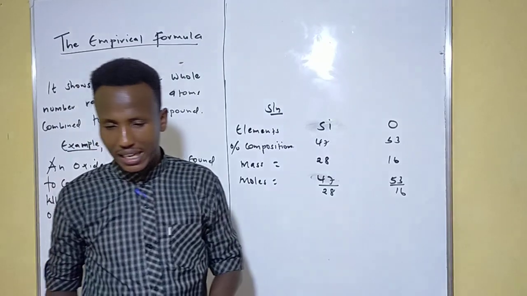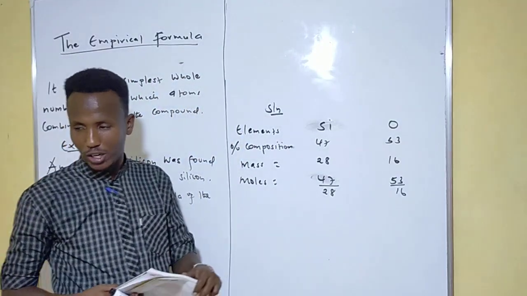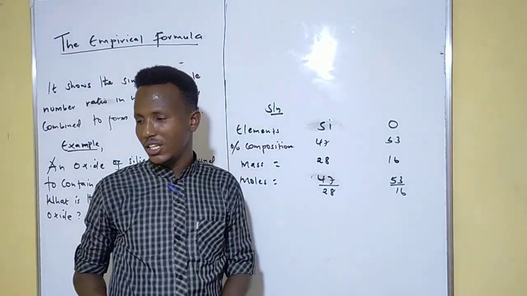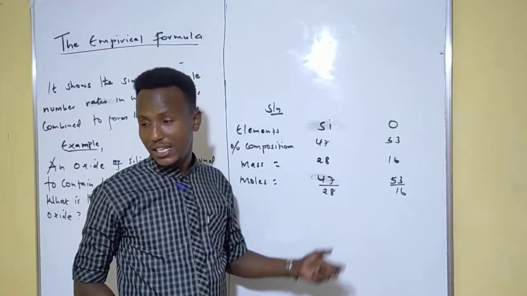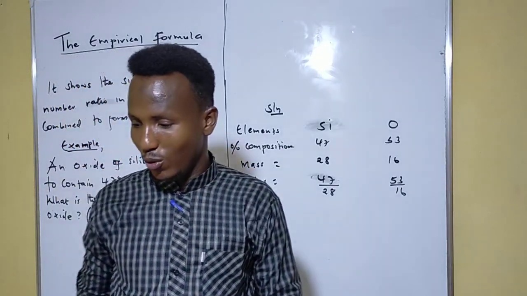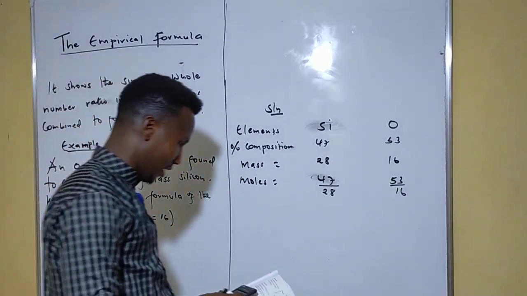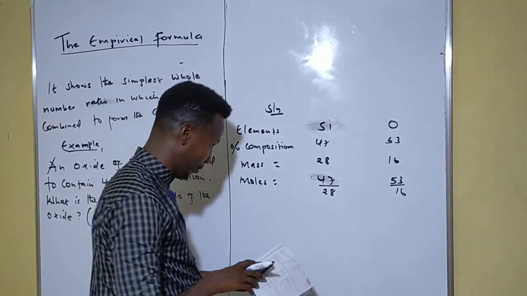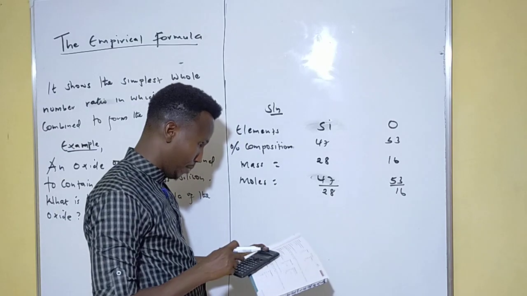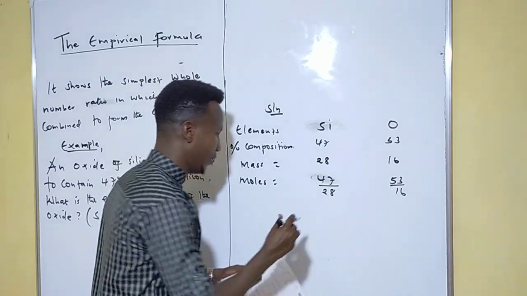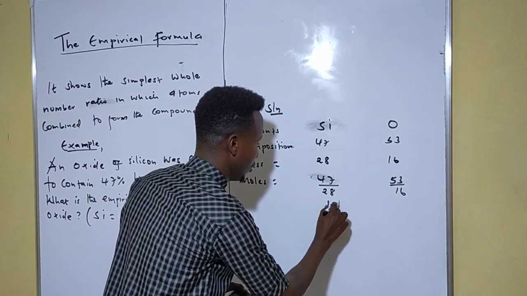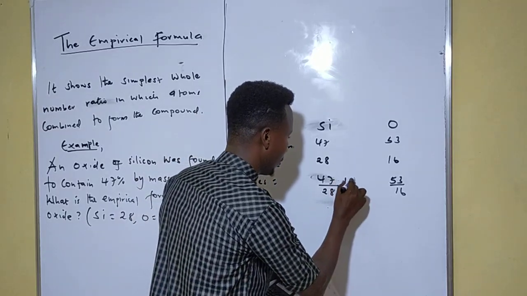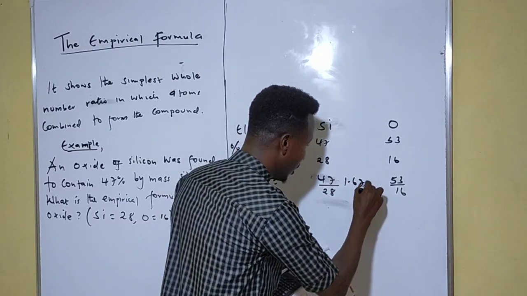We are going to use our calculator to solve this. 47 divided by 28 will give us 1.6786.